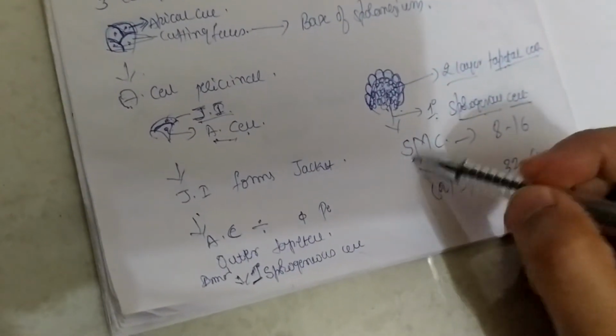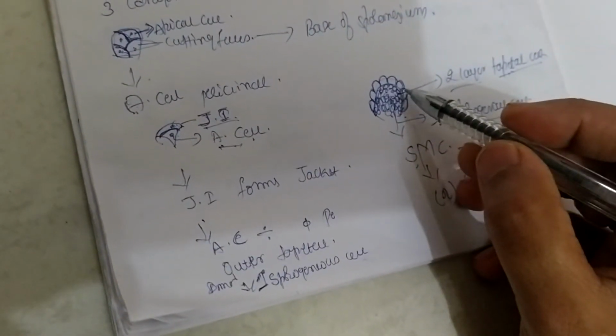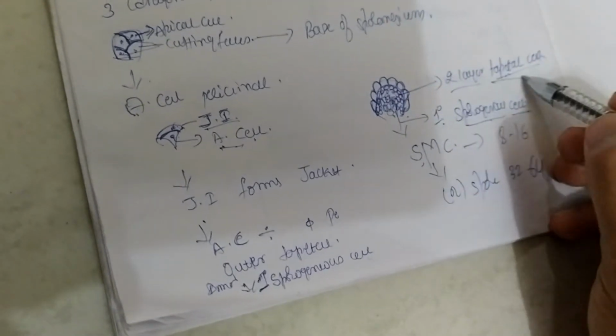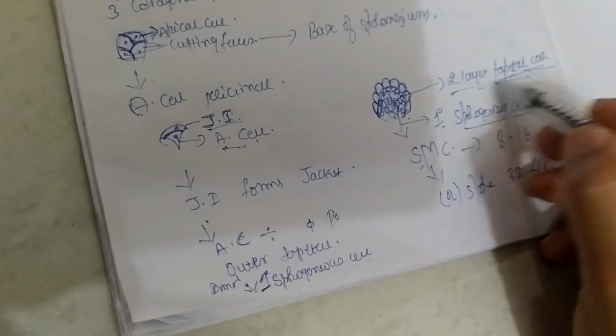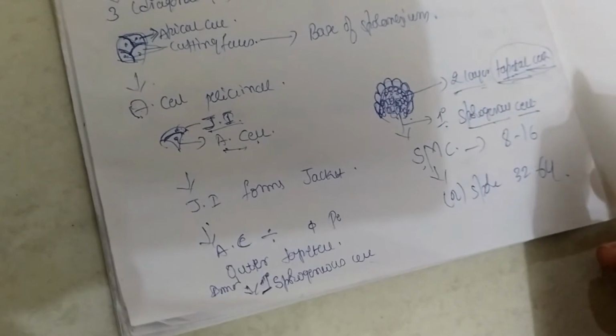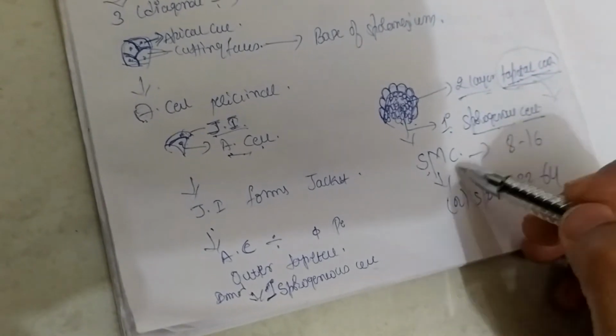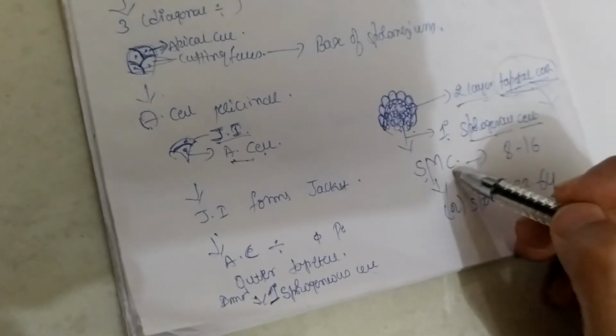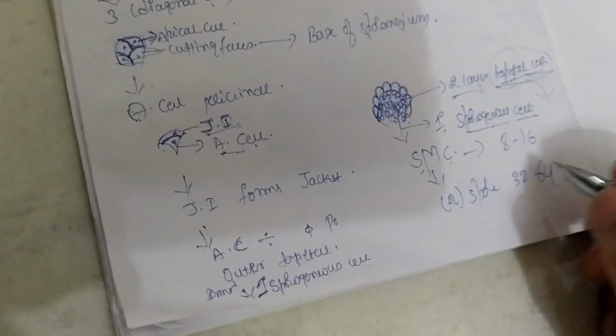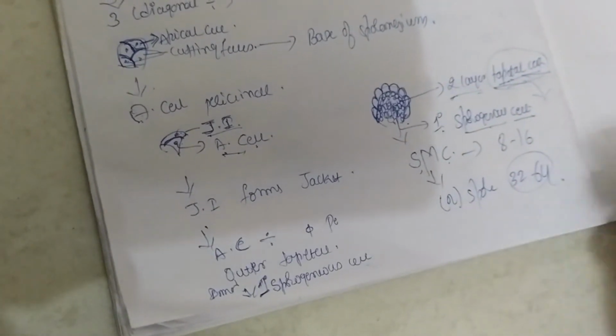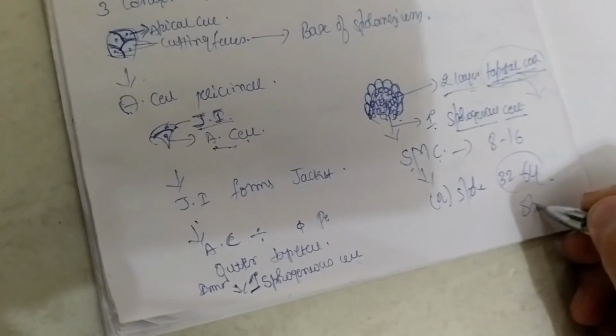For this development, it utilizes the nutrition provided by the tapetal cells. So this two-layer tapetal cell is nutritive in function, and it provides nutrition to the developing spore mother cells in order to undergo further meiotic division, leading to formation of these 32 to 64 spores.